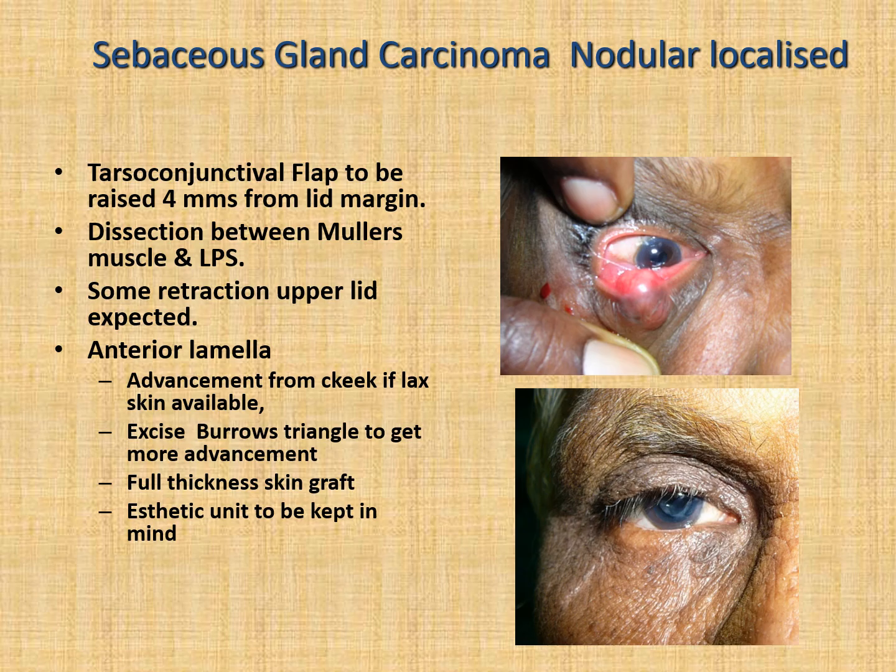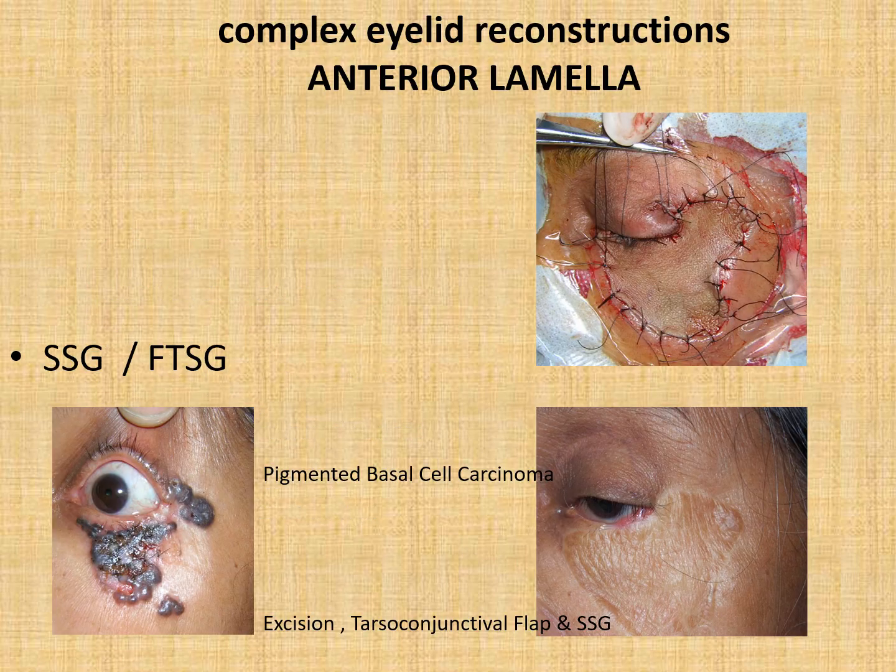Anterior lamella by advancement from the cheek if lax tissue is available. Excise Burow's triangle to get more advancement. A full thickness skin graft can also be used. The aesthetic unit has to be kept in mind.